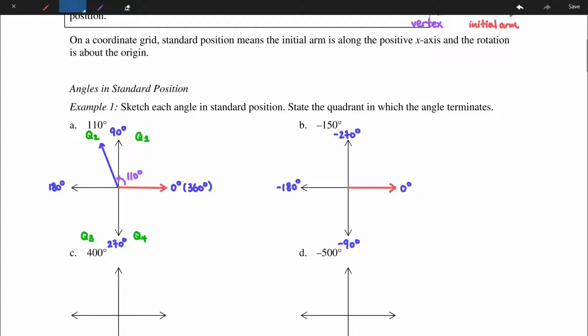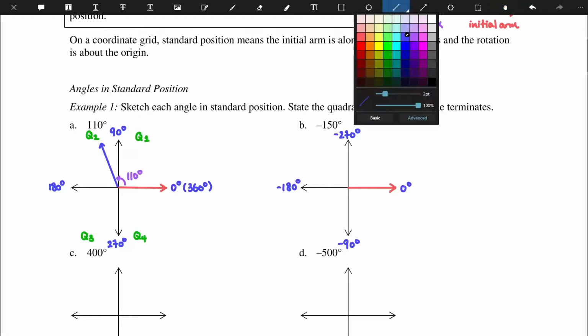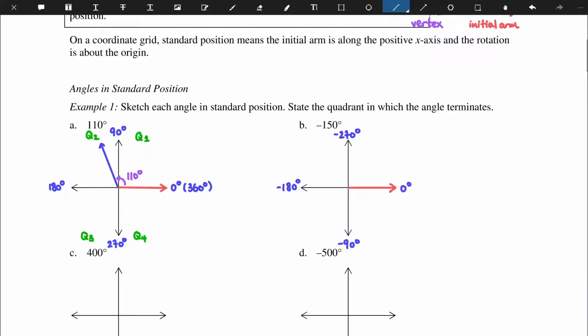So in this case, the terminal arm will be in quadrant 3, somewhere around here. And since the angle is negative, we'll draw the angle clockwise, like so. And this is negative 150 degrees.